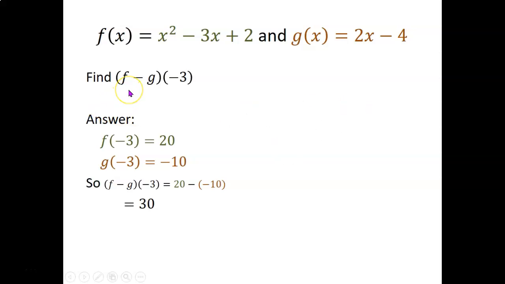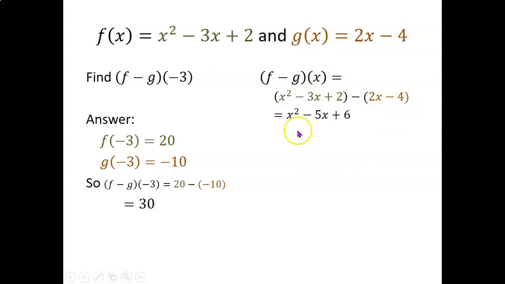If we want to get the formula in general for f minus g just of x, we take f of x minus g of x. And that simplifies to, we've got x squared, we've got minus 3x minus 2x, so minus 5x, and we've got plus 2 minus a negative, or plus a positive 4, so that's your plus 6.